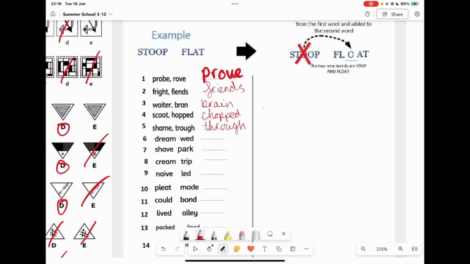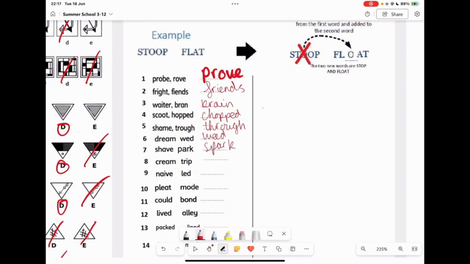Then we have dream and wed. So we're going to have dram and weed. Then for 7, we have shave and park. So shave and park, we are going to have spark.